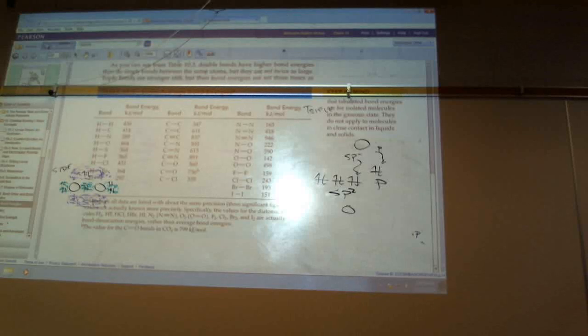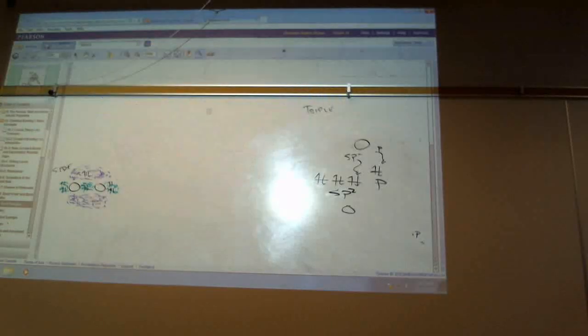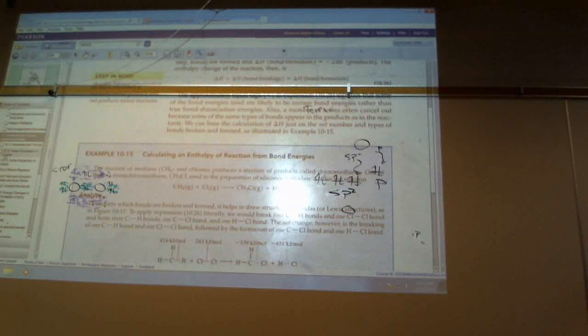All right, let's take a look at some more examples of multiple bonds here, and see if you can visualize this.